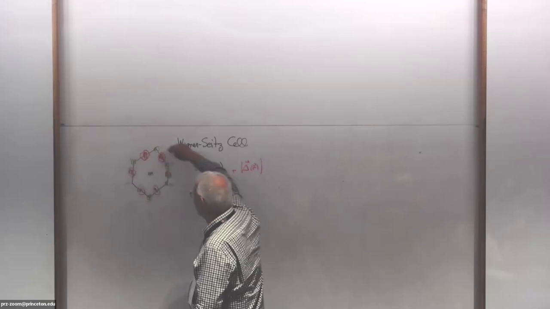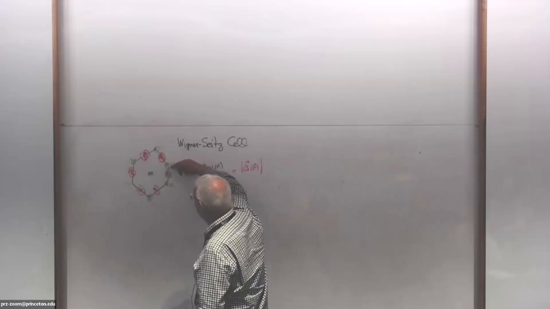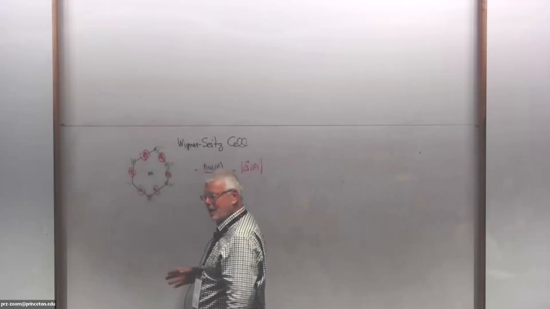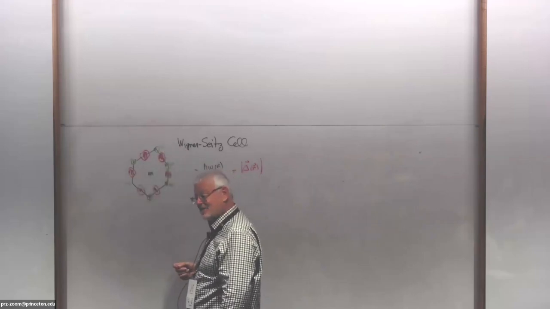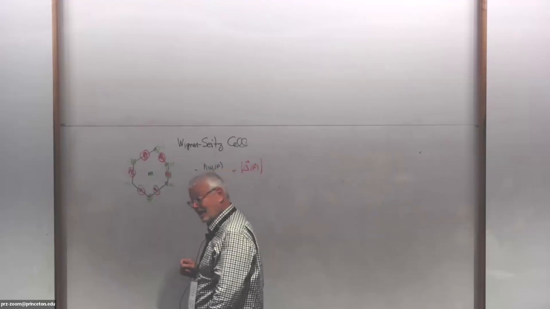So this is some higher shell of reciprocal lattice vectors. The two contributions cancel on average to a good approximation, but they don't cancel locally.